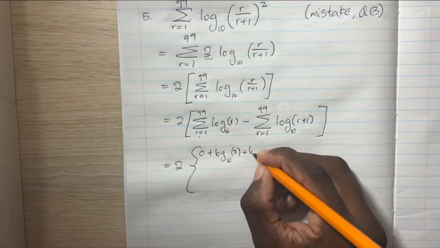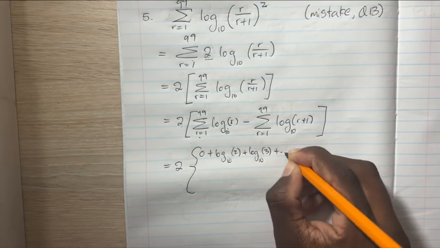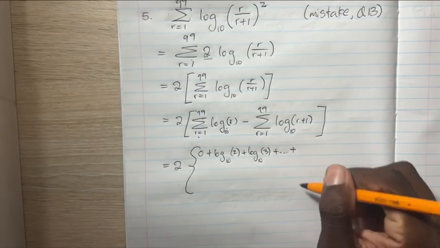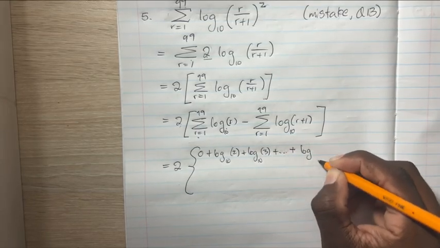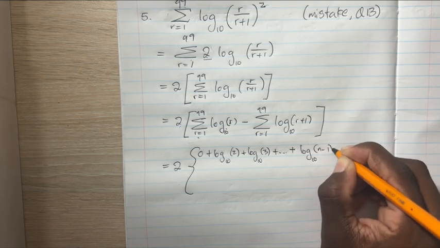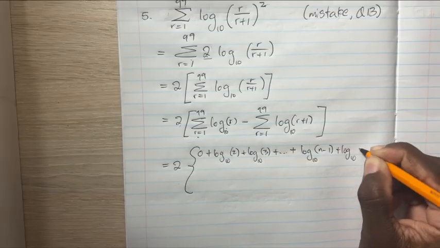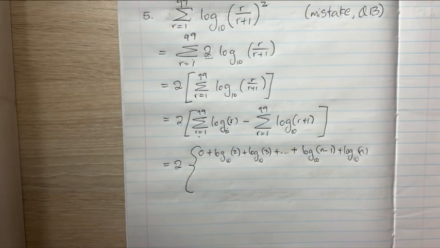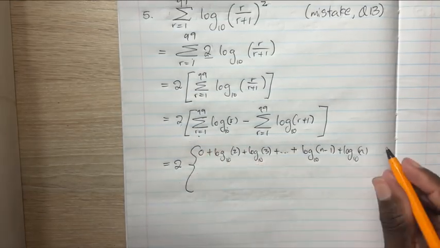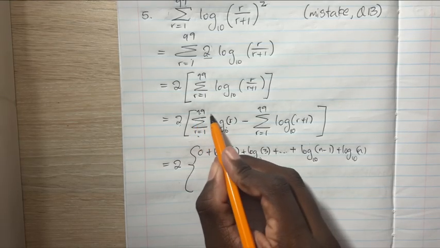Then we have log base 10 of 3, and more logs. Plus, near the end, we have log base 10 of n minus 1 plus log base 10 of n. It ends at, oh, not n, my bad. This time we know that n is 99.